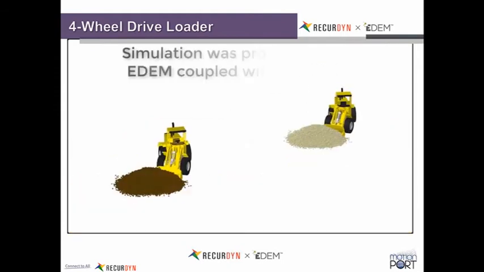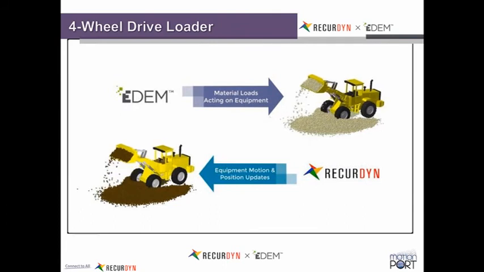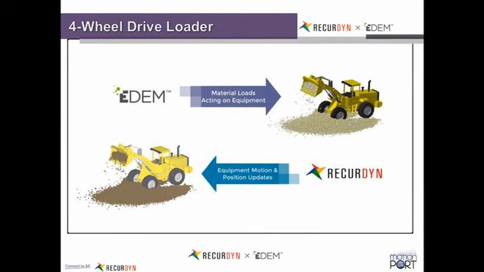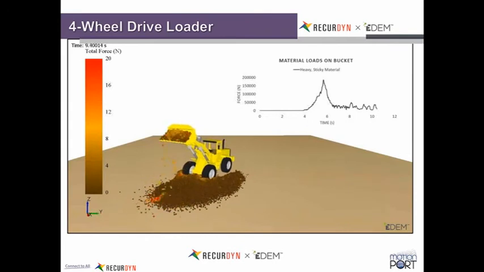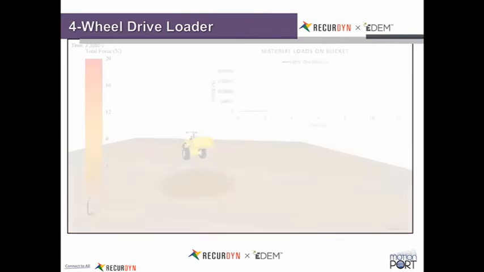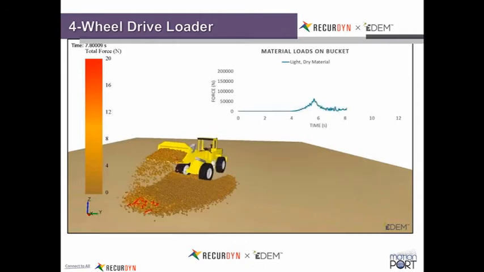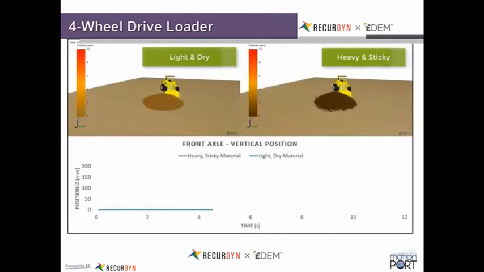And for a moment there in the animation, you can see the tire spinning as it lost traction in the particles compared to the rigid surface. So again, bidirectional capability. The bucket and the vehicle push on the particles, but the particles push back, and then you can get loads on the bucket. So the plot here is showing what those loads are during the simulation.